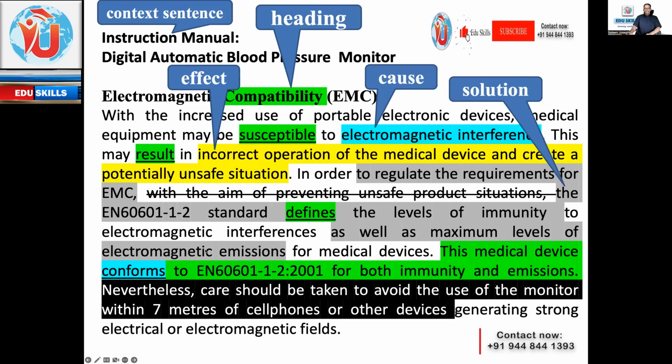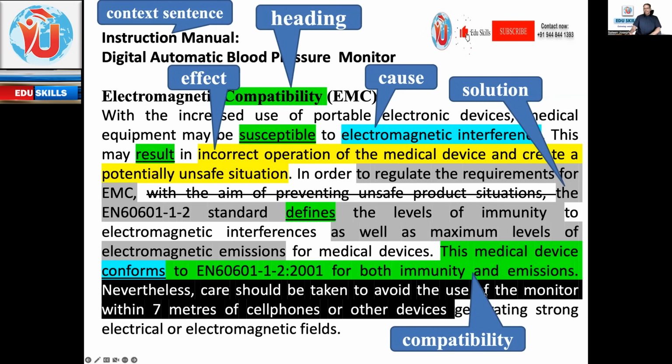And the solution is that the EN 60601-1-2 standard defines the levels of immunity and other interferences. And compatibility is the key here in the subheading. So compatibility is: this medical device conforms to EN 60601-1-2 2001 for both immunity and emissions. It is compatible, which means it is safe.